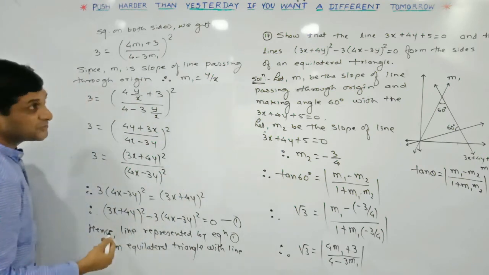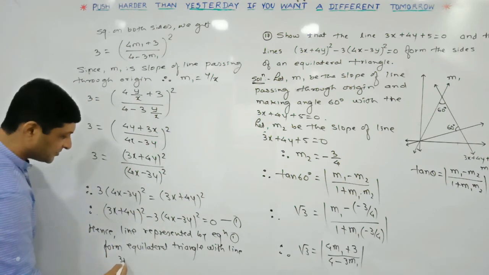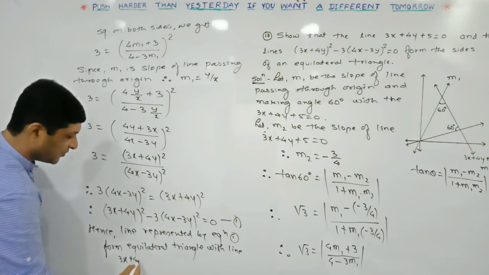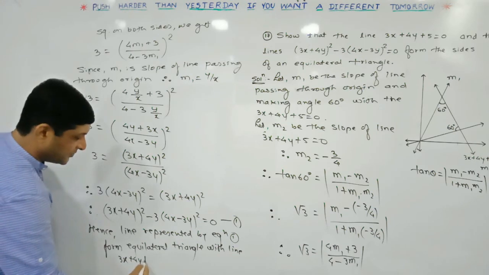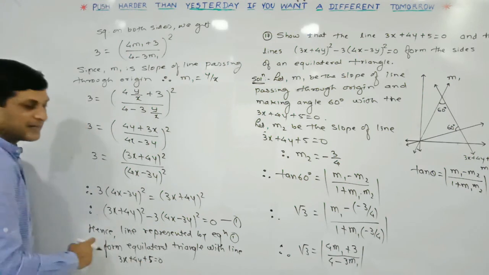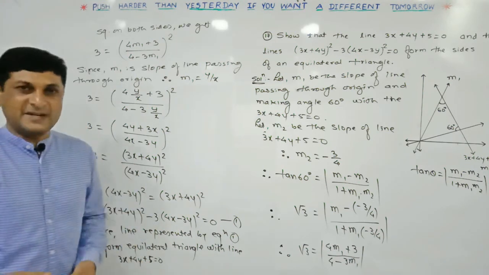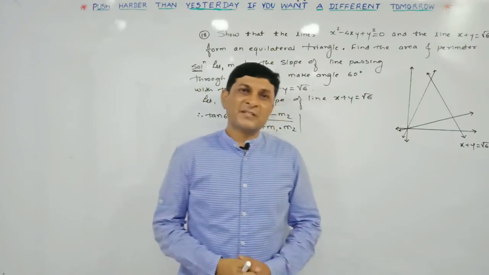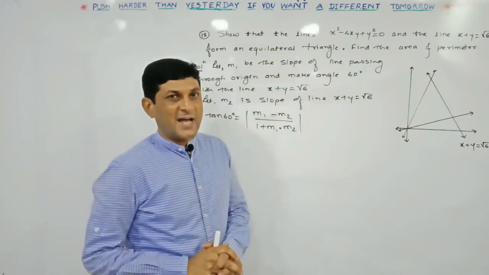With the line 3x plus 4y plus 5 is equal to 0. In this way we have got our required result. So this example is also very similar to the last example.